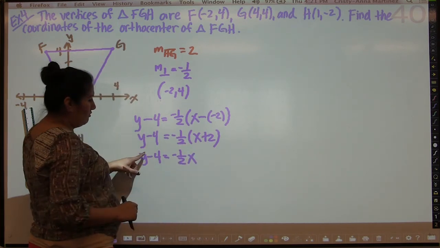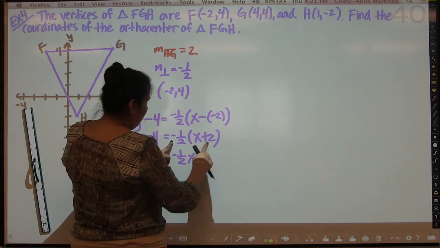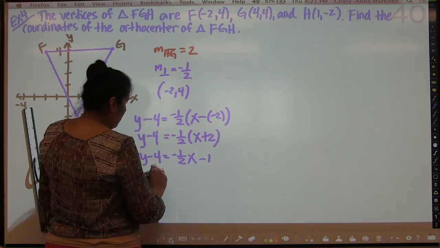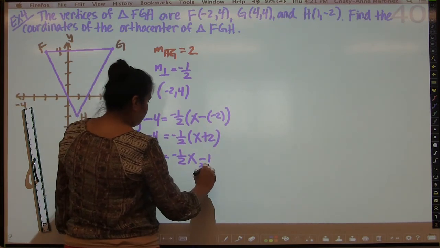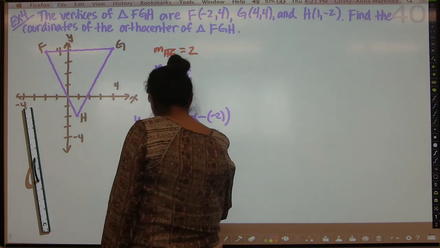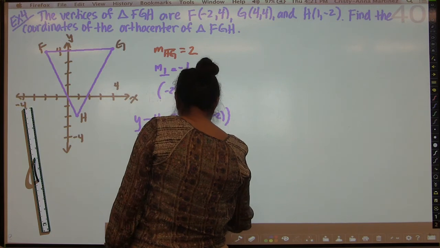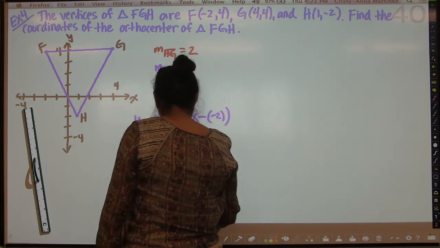So I get y minus 4 equals -1/2 x, and then -1/2 times 2 is just -1. And then we're going to add 4. So I get that y equals -1/2 x plus 3. This is one of my equations.